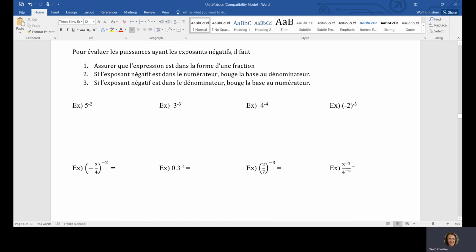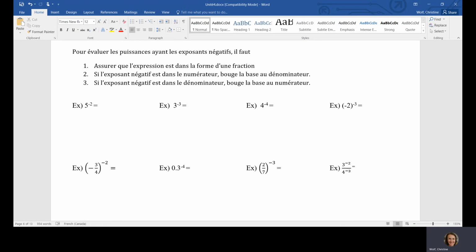So, pour évaluer les puissances avec les exposants négatifs, il faut assurer que l'expression est dans la forme d'une fraction. So, j'allais expliquer ça avec la première question when I get there, but we want everything to be a fraction today. And I'll explain why in a second.